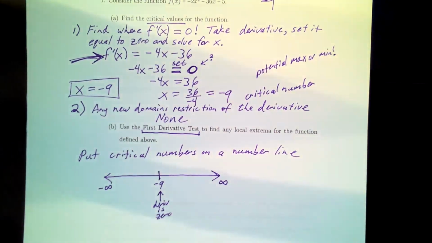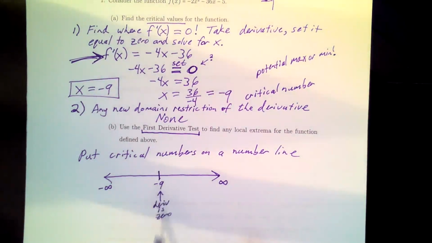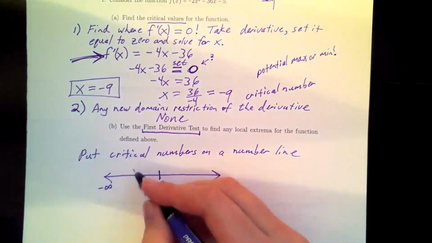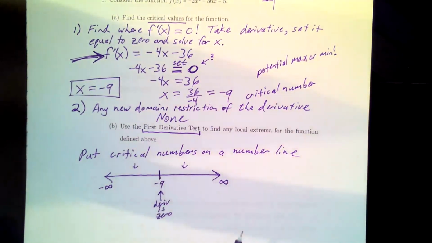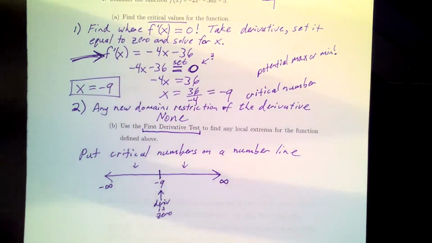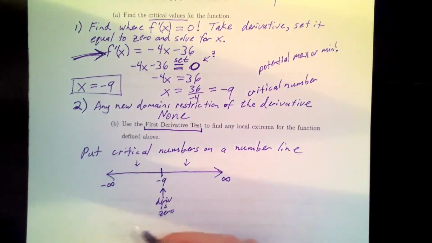Keep that in mind. So here's how you figure out whether -9 corresponds to a local max, a local min, or neither. You pick a point on the left and right of -9, and you test each interval. You do this just like you did last section in section 3.4.